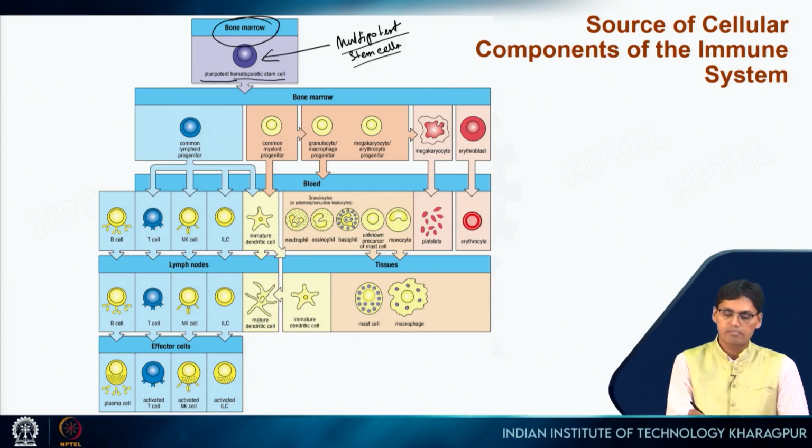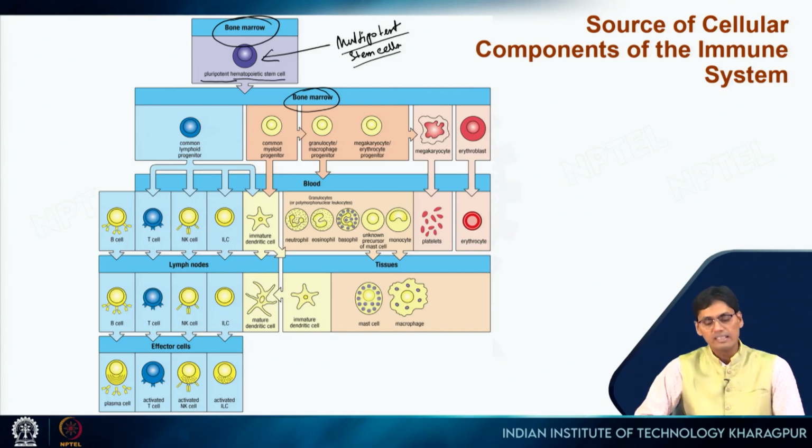Those are present inside the bone marrow. Now, over time they will be differentiated and form different types of blood cells present in our blood, right? What are the different types of blood cells? Immune cells as well as red blood cells, all are present there.